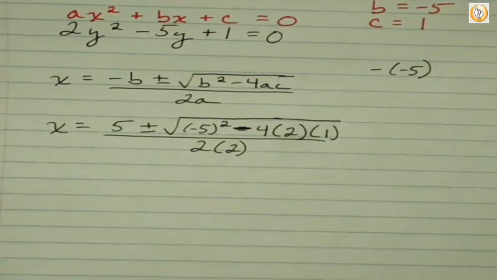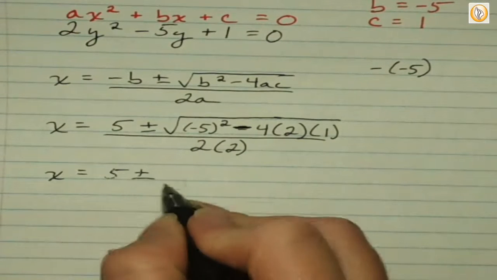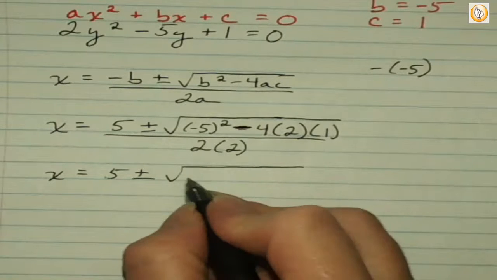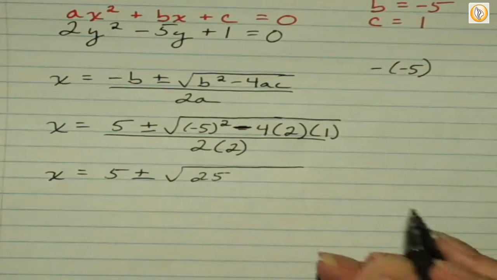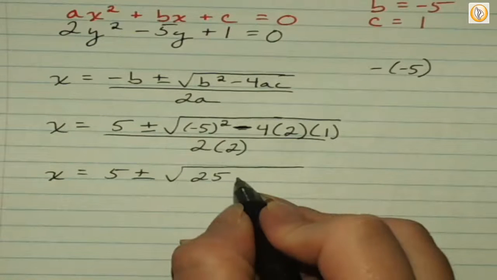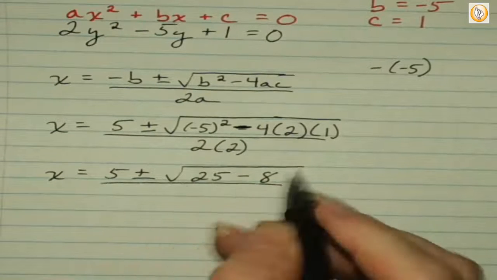All right. 5 plus or minus. Aiden, what is negative 5 squared? And Emily, what is negative 4 times 2 times 1? Negative. And 2 times 2 is 4.